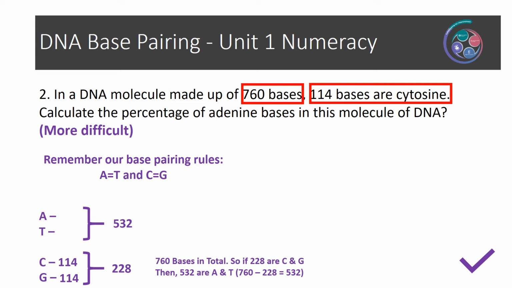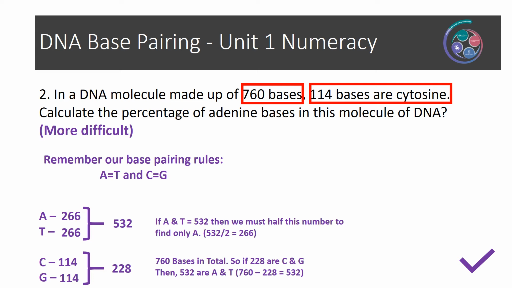I now know that 532 bases out of the 760 are adenine and thymine, but the question only wants adenine. So all I do with this number is half it. I divide 532 by 2 to get 266, which means I have 266 thymines and 266 adenines.